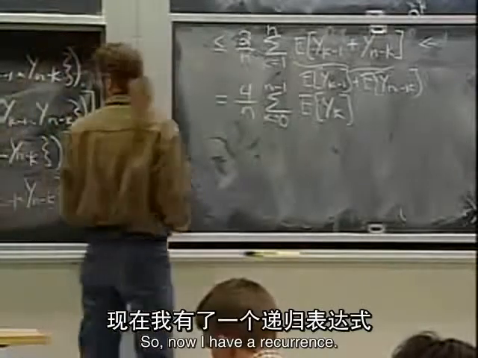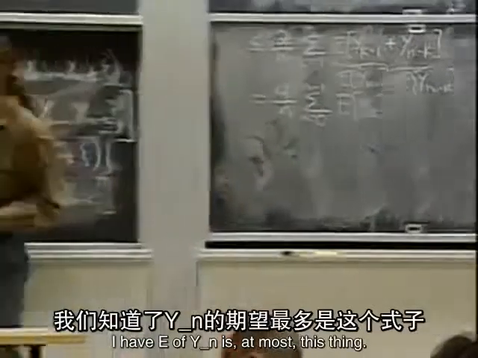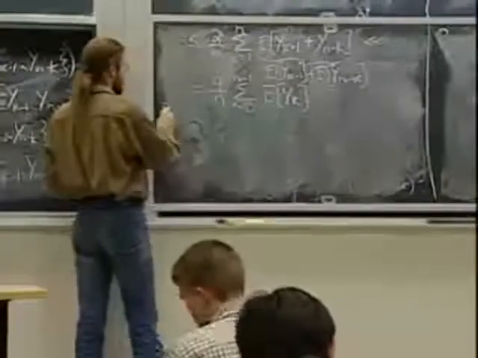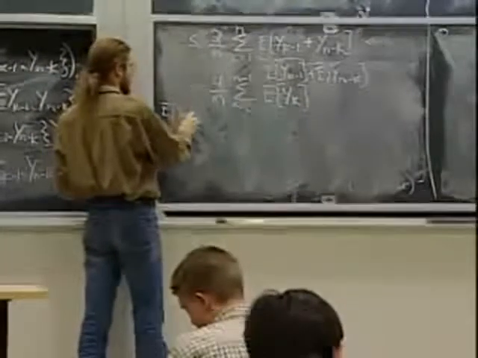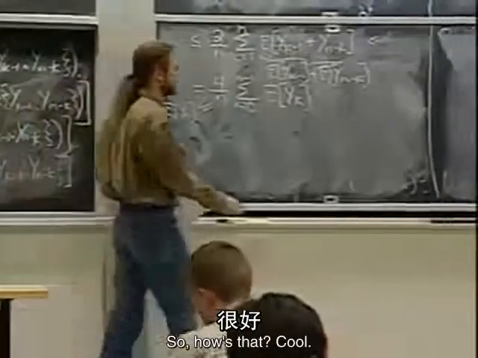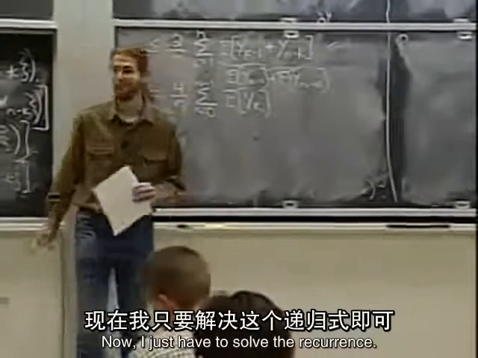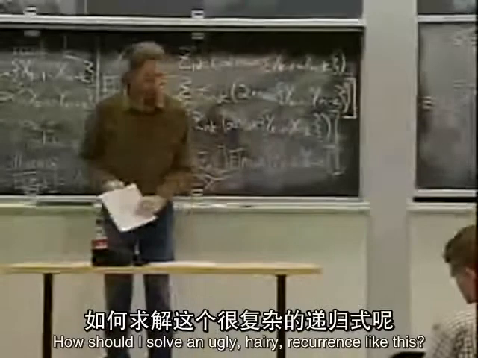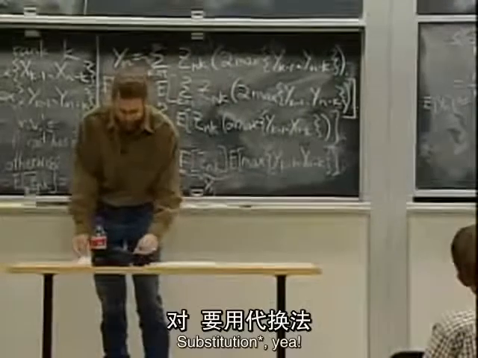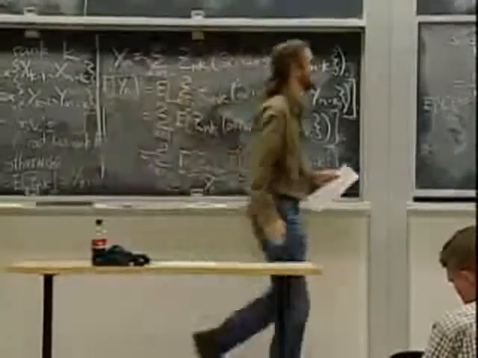So now I have a recurrence. I have E of Y_n is at most this thing. Just write that for memory. It's at most that. Cool. Now I just have to solve the recurrence. How should I solve an ugly, hairy recurrence like this? Substitution, yay!